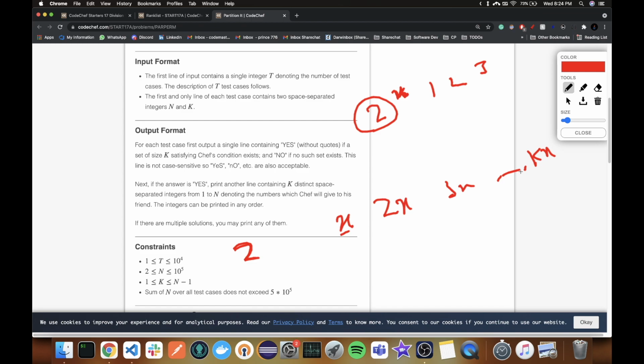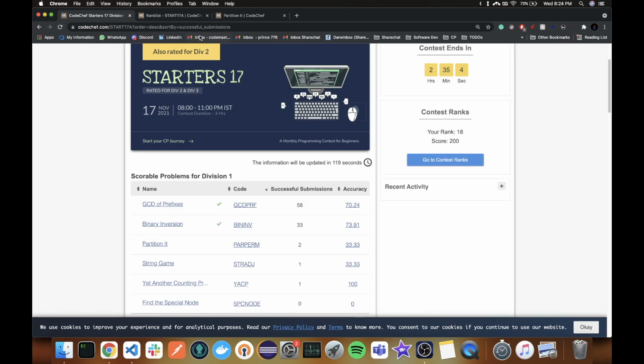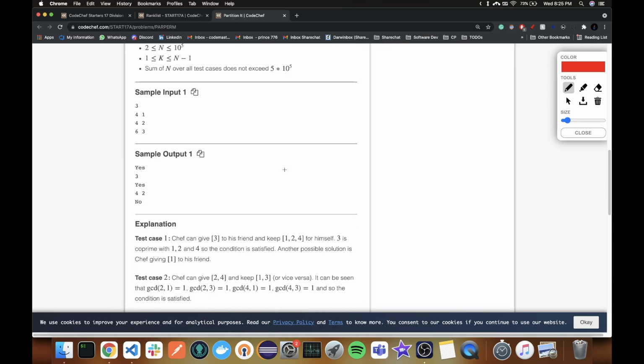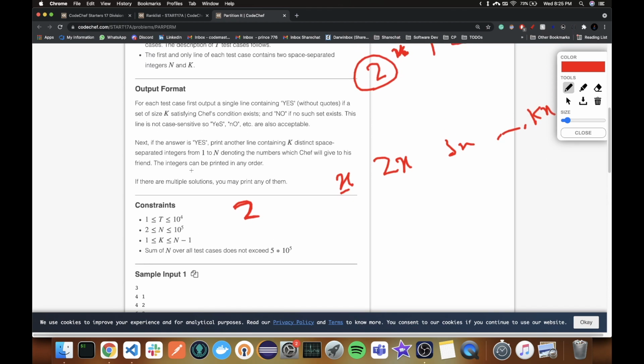Interesting. So what can we deduce? Is it tougher than what I'm doing? Okay, partition, it seems tough. Sum of n, k can be up to n minus 1.